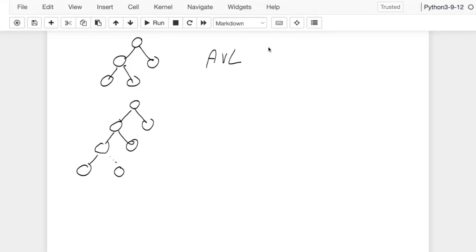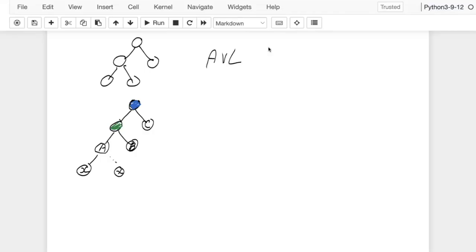This is off balance because, as you can see here, let's call this node blue and this green, and let's call these A, B, C, and this will be my new node either here or here.